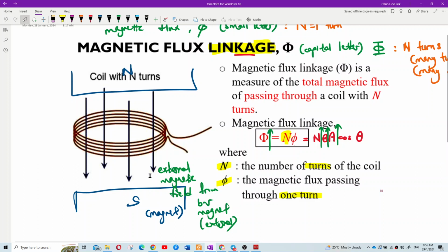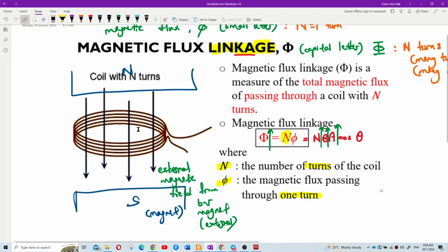So I'm just letting you know a term called magnetic flux linkage. Magnetic flux linkage means that if I put a coil over here with an external magnetic field, the lines passing through this coil are called magnetic flux linkage. Linkage means you have multiple turns. Understand?